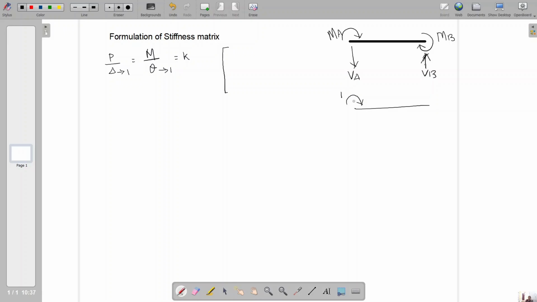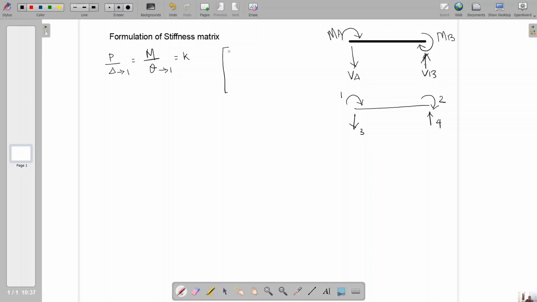I am going to consider the left side moment as 1, the right side moment as 2, the left side reaction as 3, and the right side reaction as 4. So you should not change the order while assembling the stiffness influence coefficients.